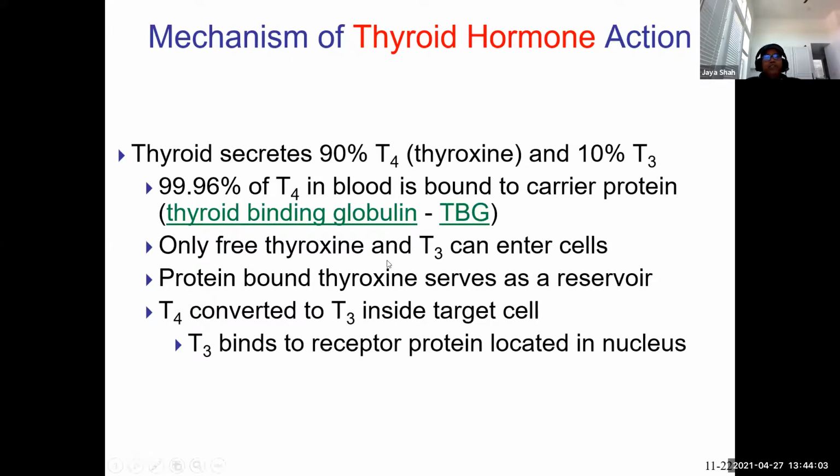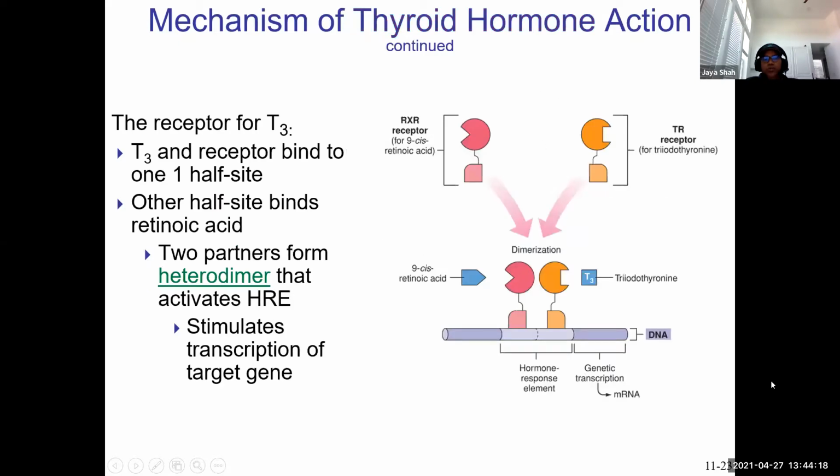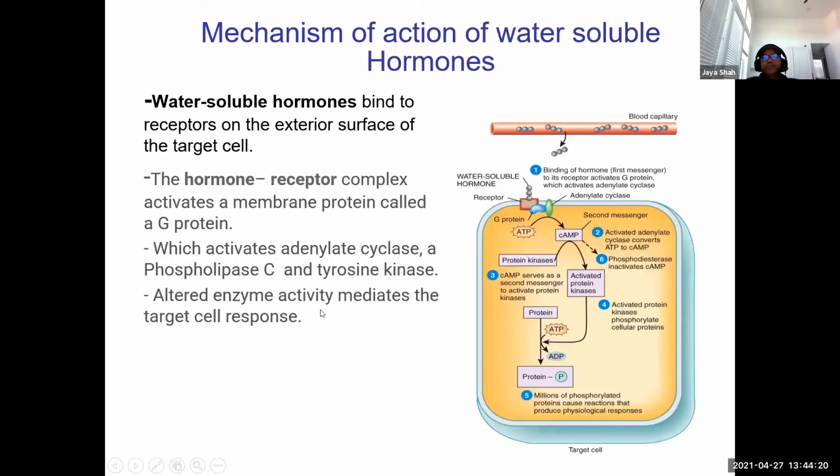That's why we say plasma proteins carry hormones and lipids. Only free thyroxine and T3 can enter cells. Okay. Protein-bound thyroxine serves as a reservoir. T4 is converted to T3 inside target cells, and T3 then binds to the receptor protein located in the nucleus, which we talked about here.